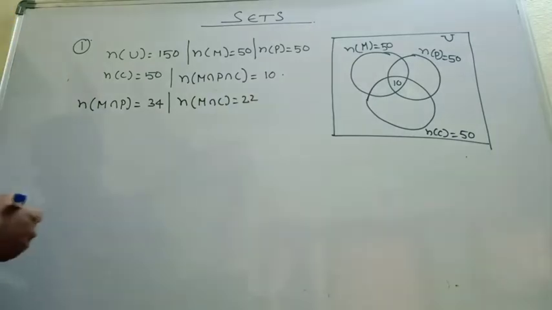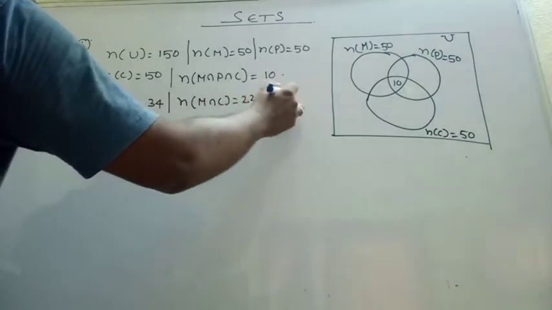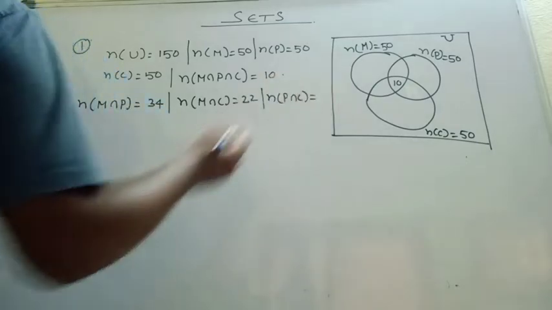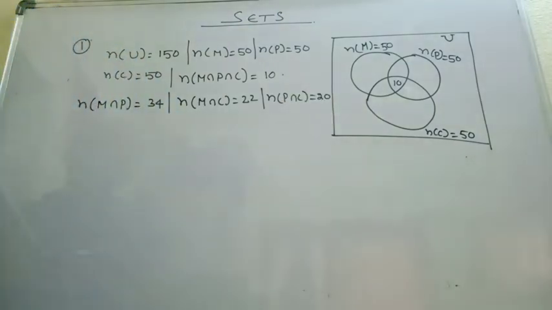Again, 20 studied physics and chemistry, so n(P ∩ C) is equal to 20. Wonderful, these are the things we have here.